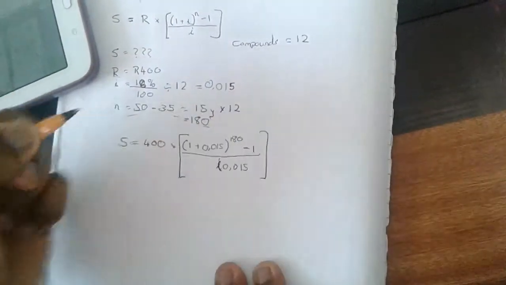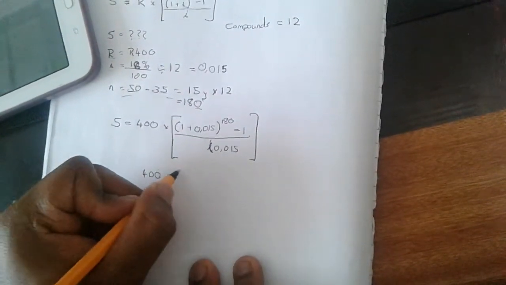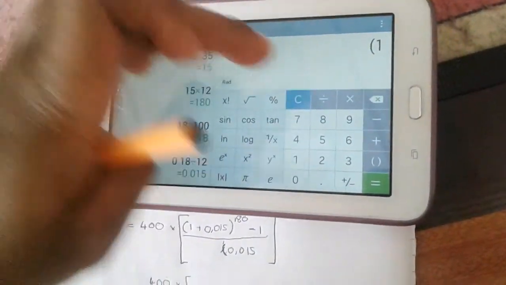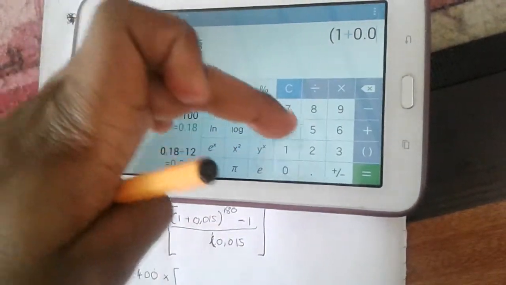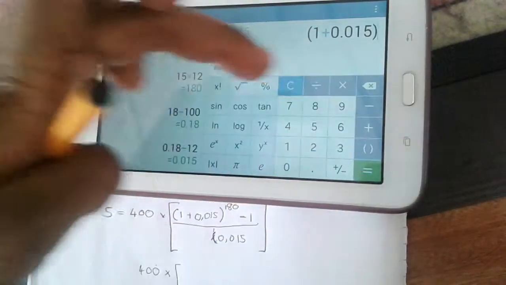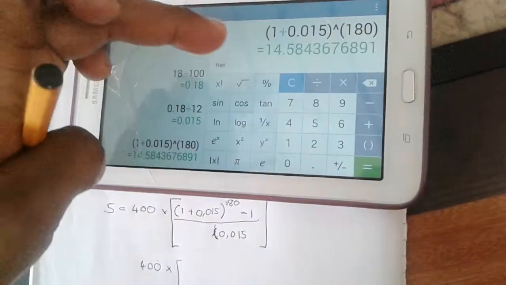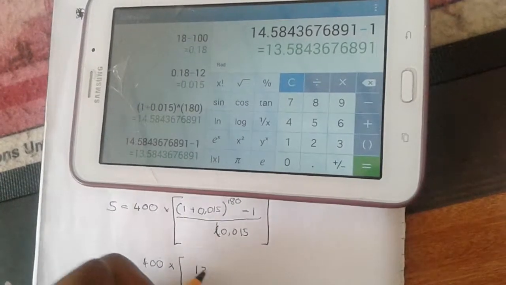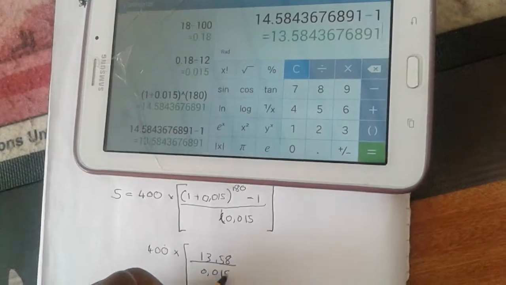So we're going to punch all of that into our calculator. It's going to be 400, since we are not doing anything to the 400. I don't have a scientific calculator, so please use a scientific calculator because it's going to be easier for you. So 1.015 to the power 180, minus 1, it's going to be 13.58, over 0.015.